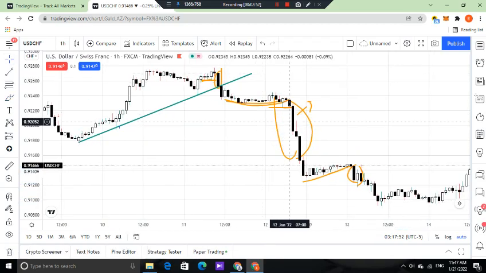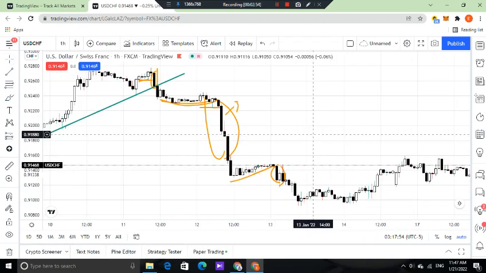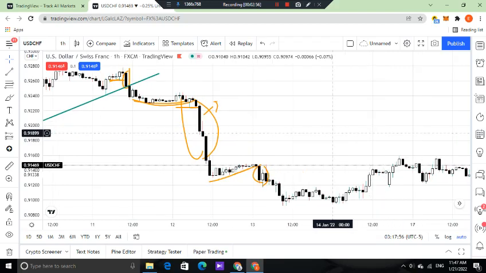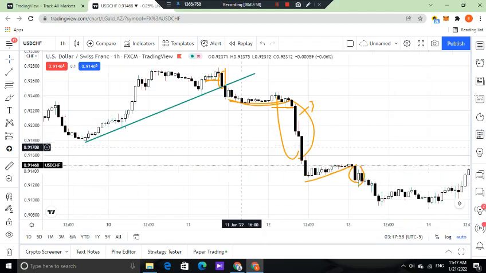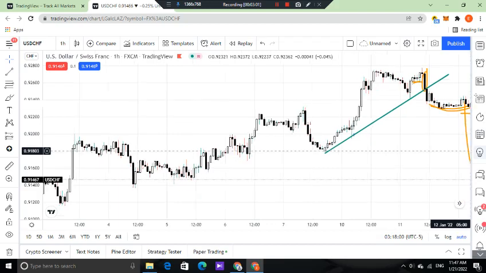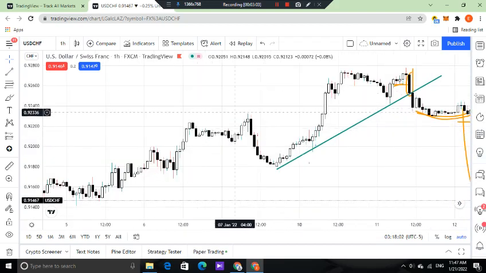So they are all measuring gaps, the breakout bars below these support and resistance areas.